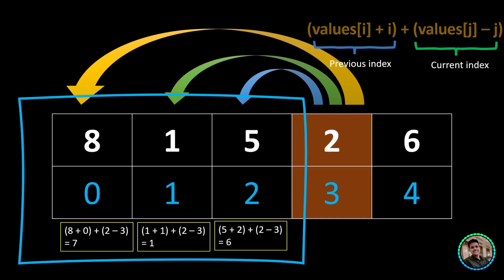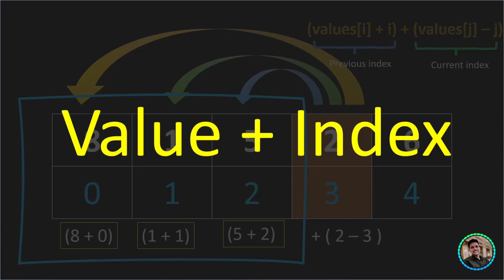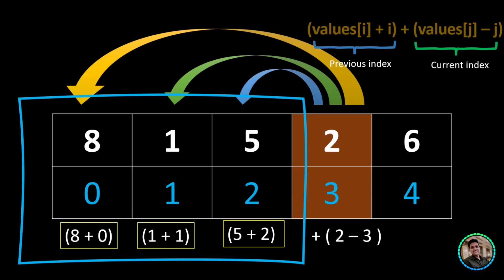In this particular problem, if we take out the 2 minus 3 as common, since it is common to all of the calculations, we find out it is nothing but the value plus index of all the previous indexes that we are trying to find out. So if for all the previous indexes we can find out the maximum value that we can get, then we can just add the current value, that is value of j minus j, into that particular max and find out the best sightseeing pair for the current index.